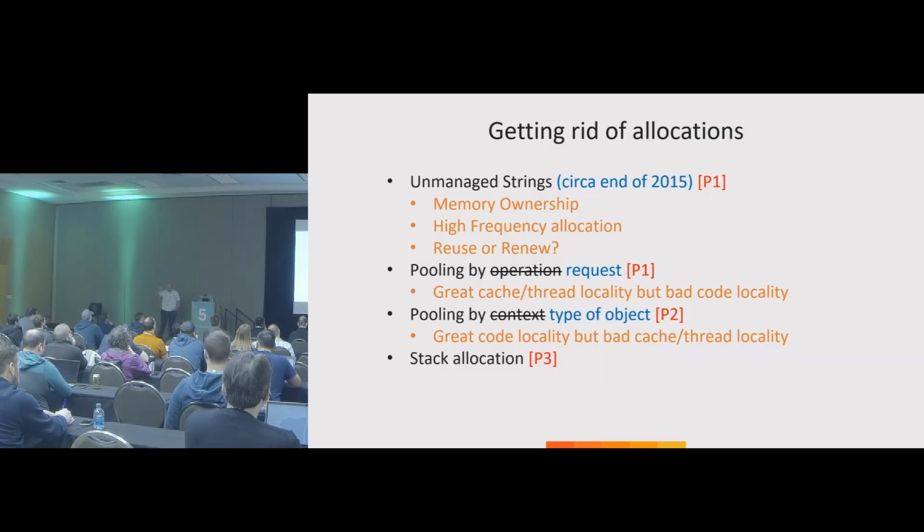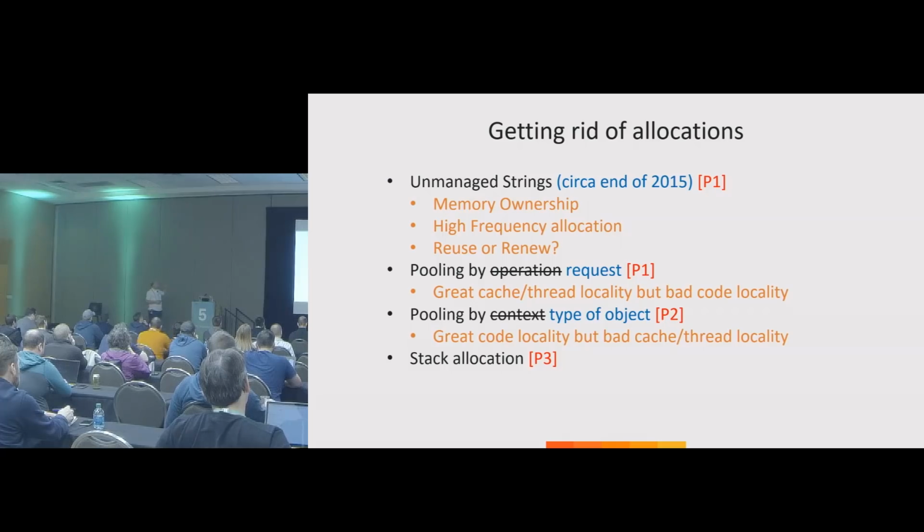We are going to create our own string representation, because we were already dealing with unmanaged stuff. So we couldn't fake it. Now you have Span. Still, if you're dealing with unmanaged stuff, Span is not that good.